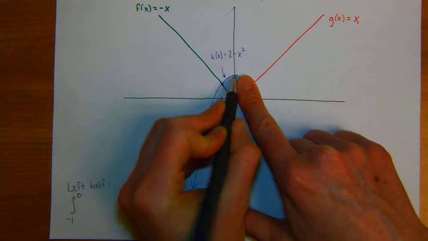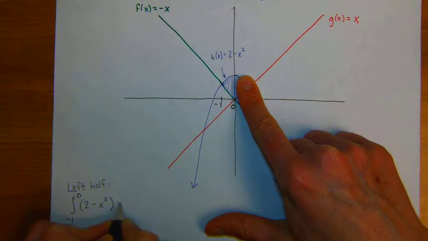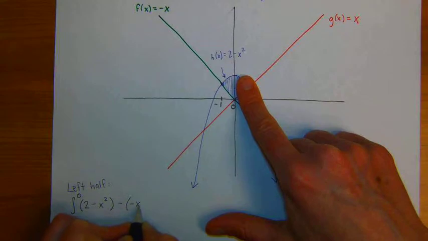In that case, the upper curve is the blue h curve, 2 minus x squared, and the lower curve is my green curve, which is the curve -x.